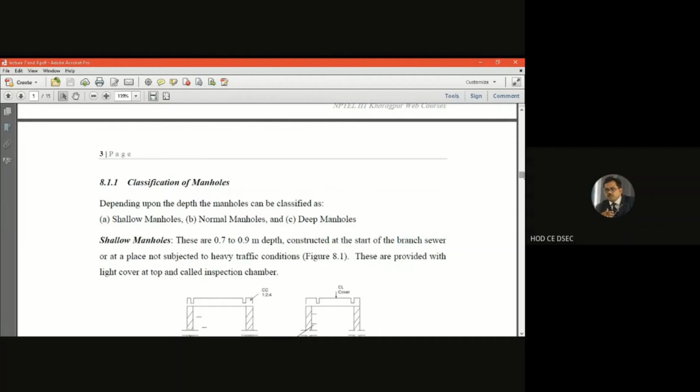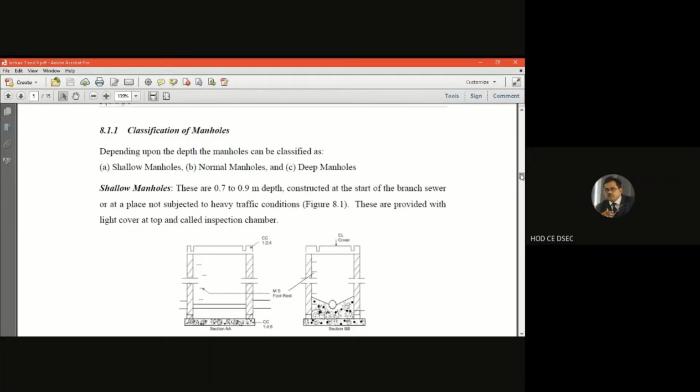Now there is a classification of manholes according to the depth. As I have told you, according to the depth, A is the shallow manholes, then B is the normal manholes and C is the deep manholes. So shallow manholes are basically constructed with masonry. As it is shallow, the lateral earth pressure is not a predominant factor in the case of shallow manholes.